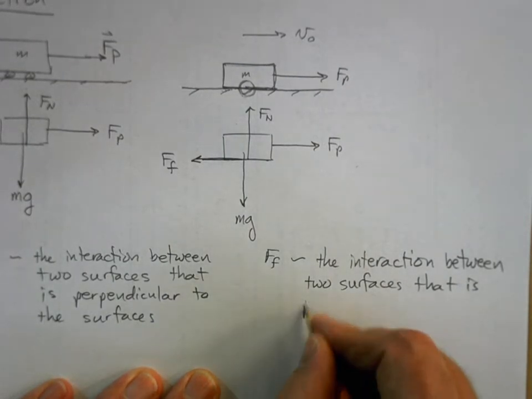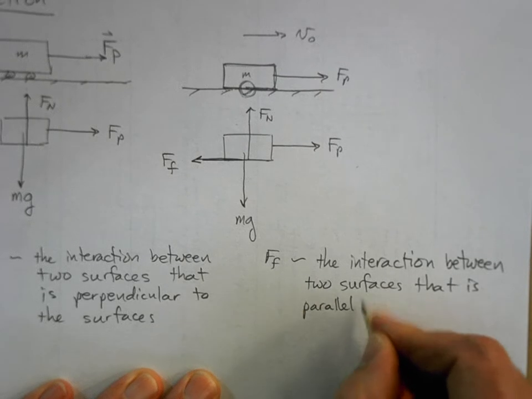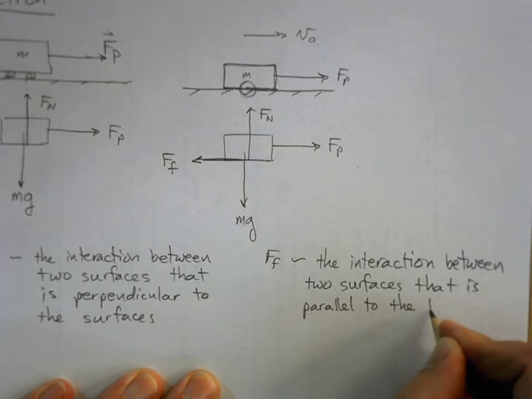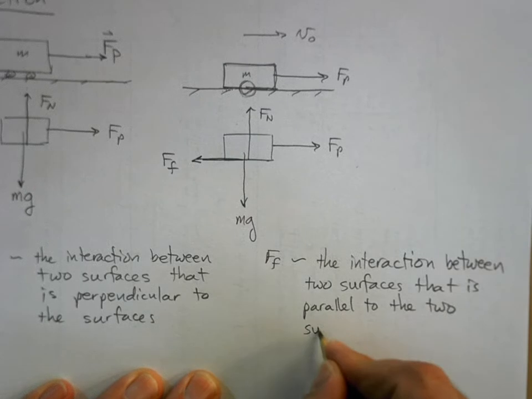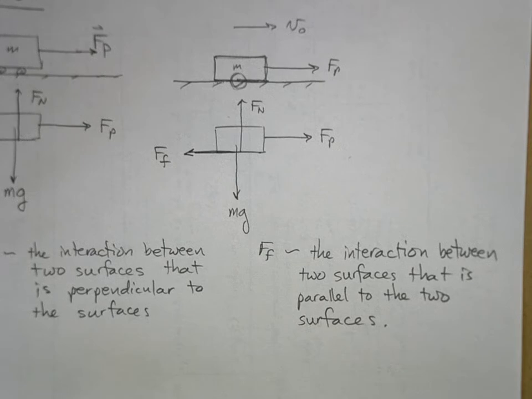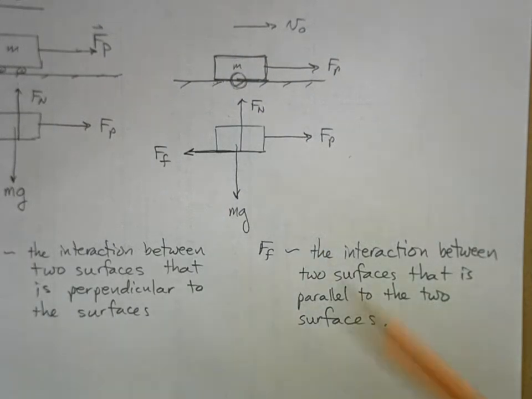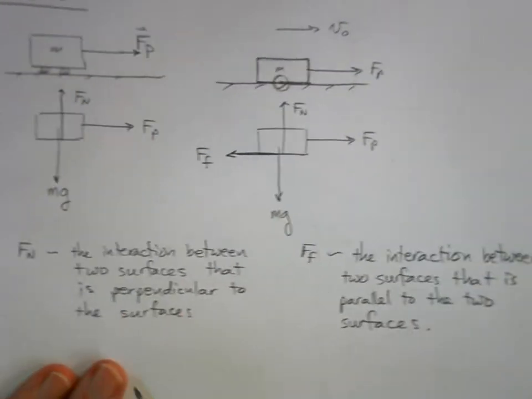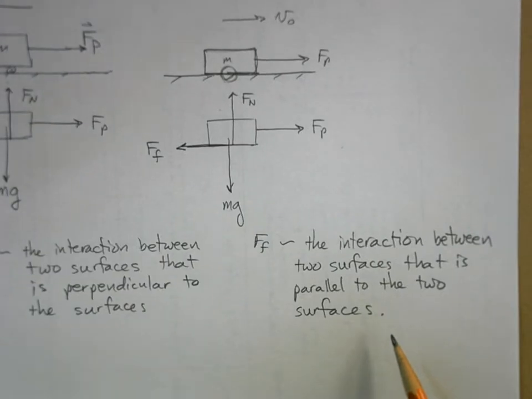It's parallel. Okay. So we've got an interaction now between the crate and the floor. We're going to split that interaction up into two parts: the perpendicular part, which we call the normal force, and the parallel part, which we're going to call the force of friction. Now, what causes friction?